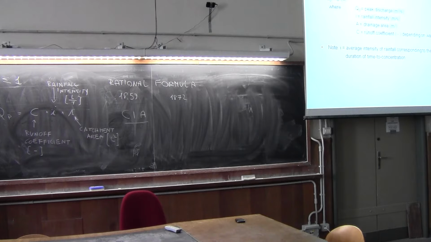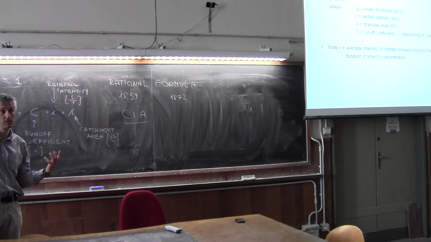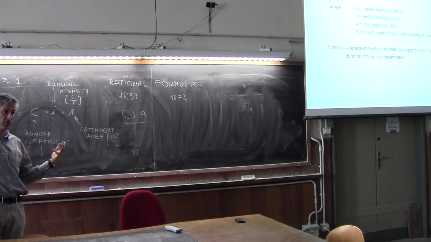And what is the main limitation of this model? The main limitation is given by the fact that you have to estimate the runoff coefficient. And this runoff coefficient, even if the range of variability seems to be quite restricted between 0 and 1, still you see that if you make a mistake and you assume that the runoff coefficient is 0.5, instead it is 0.6, you would say, okay, my guess was almost perfect.